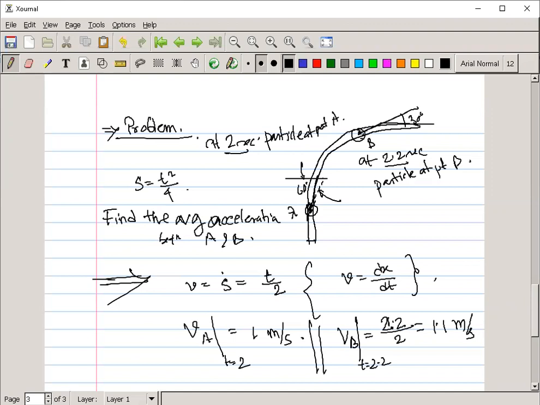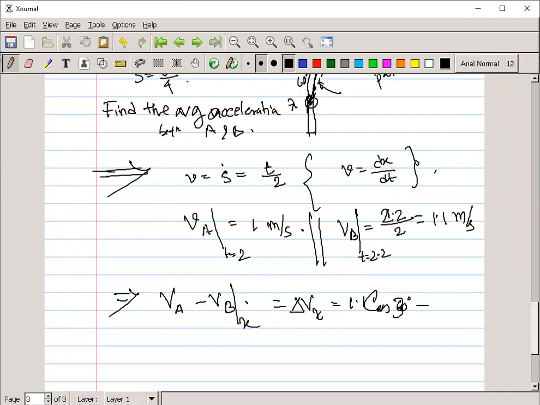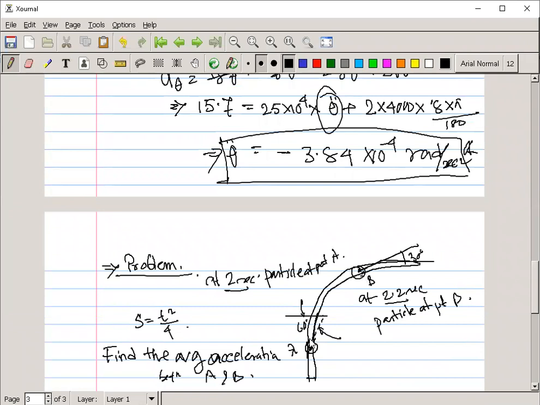So from here, if we consider the x direction only, we can identify the change in velocity along x as del Vx.